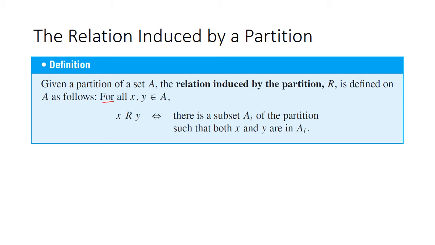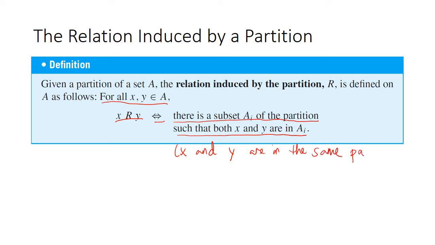For all x, y that are elements of A, x is related to y by R if and only if there is a subset A_i of the partition such that both x and y are in A_i. In other words, x and y are in the same part, if you want to use that word I gave you on the last slide.